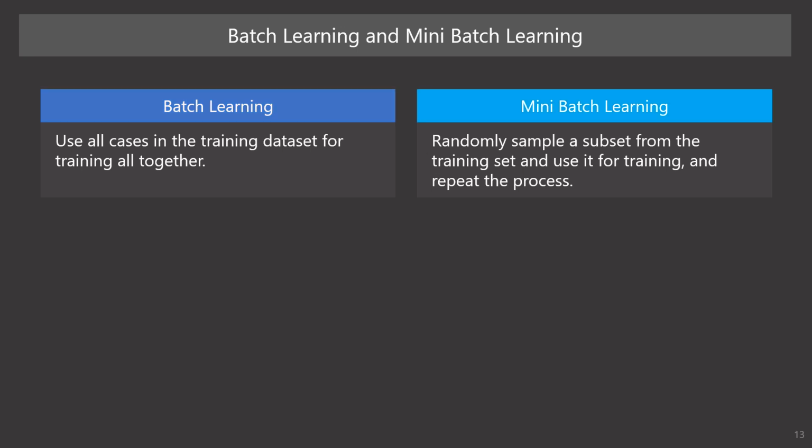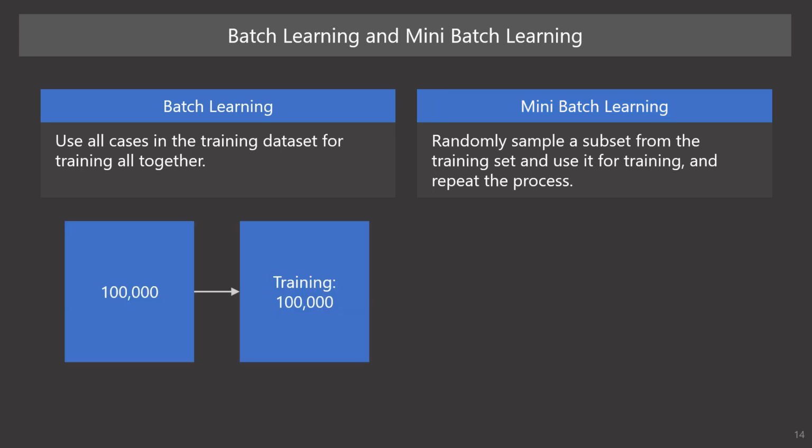So, in such cases, we can apply mini-batch learning. Specifically, we can randomly choose a certain amount of data as a sample and train the model by the subset of the training data. Then, we randomly choose the same number of cases as another sample and train the model.